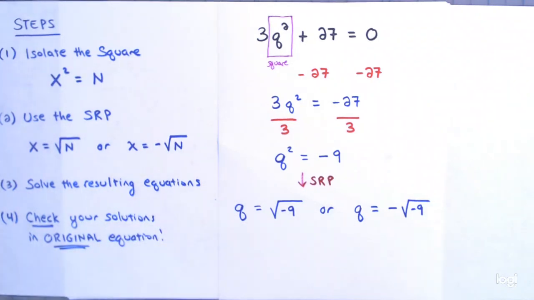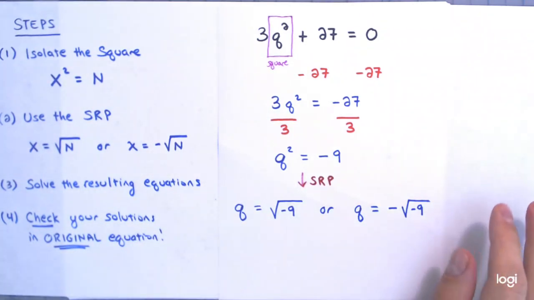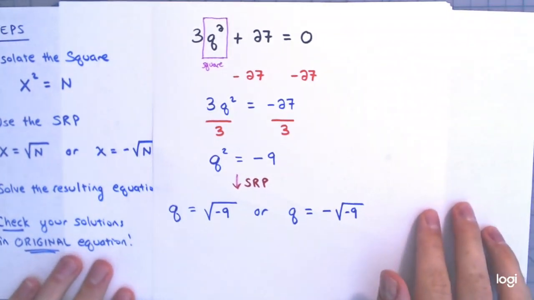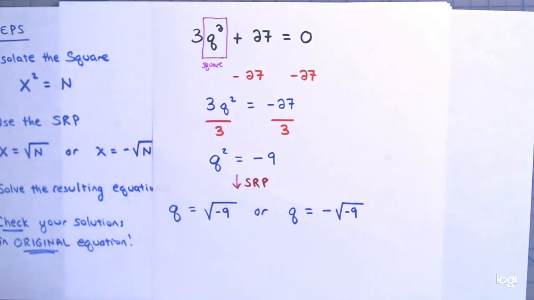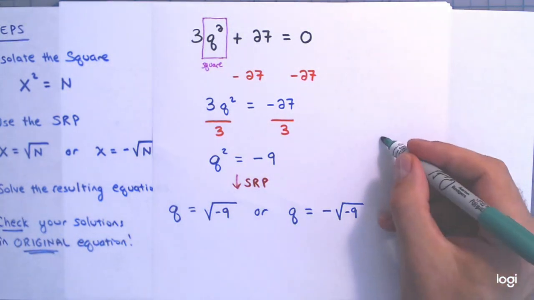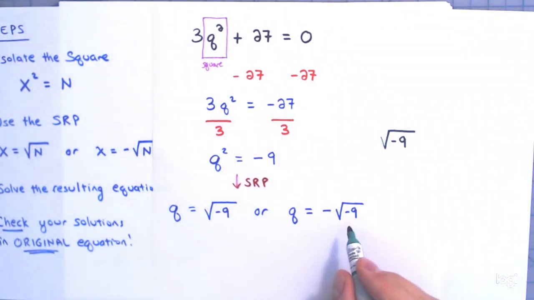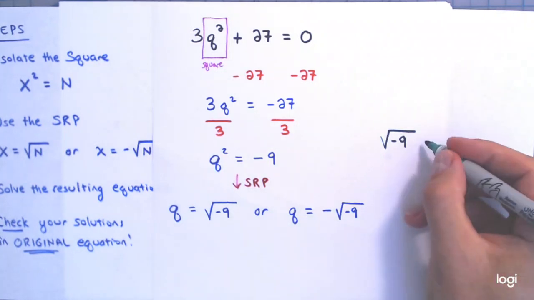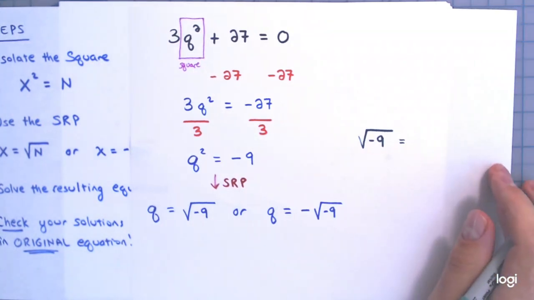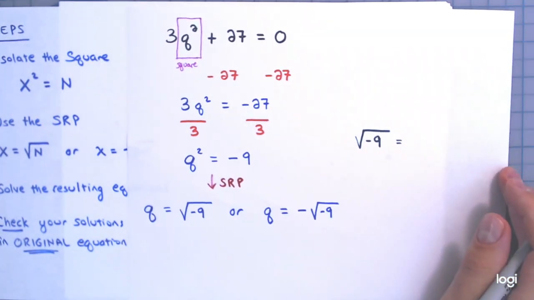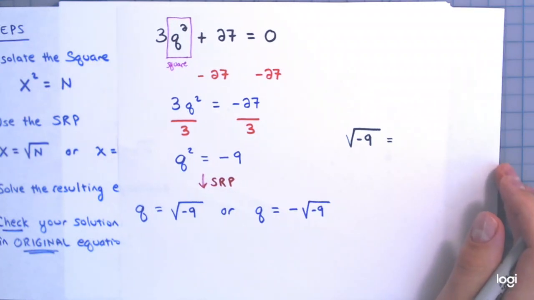And as I said in the last example and in previous videos, whenever you see the square root of a negative number, like I'm seeing here, the square root of -9 showing up in both of these results, rewrite it as one of those pure imaginary numbers involving the imaginary unit i.